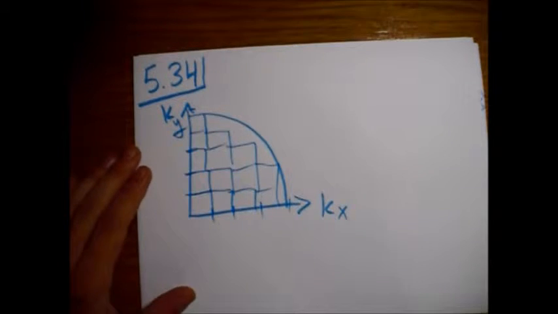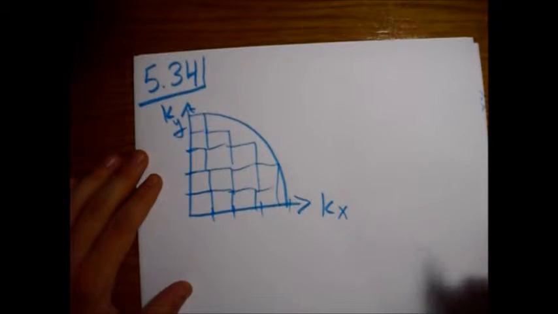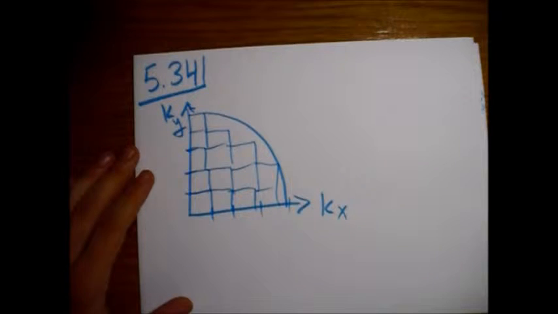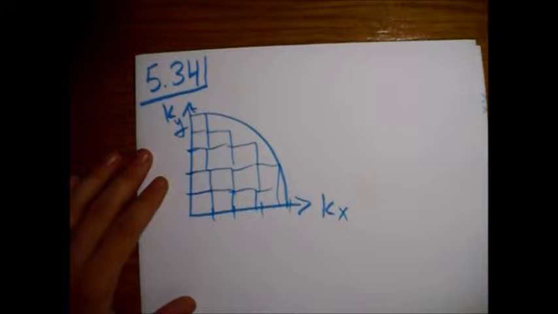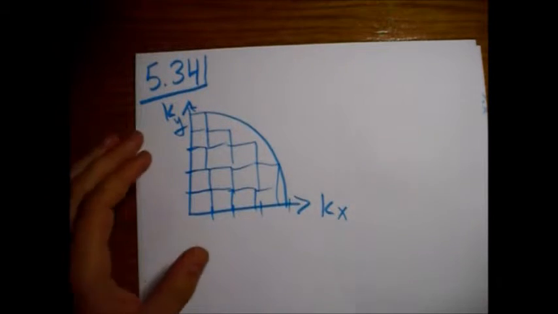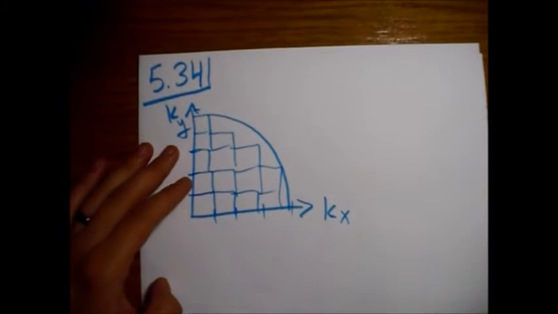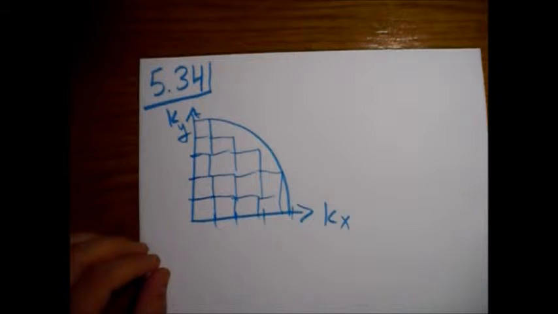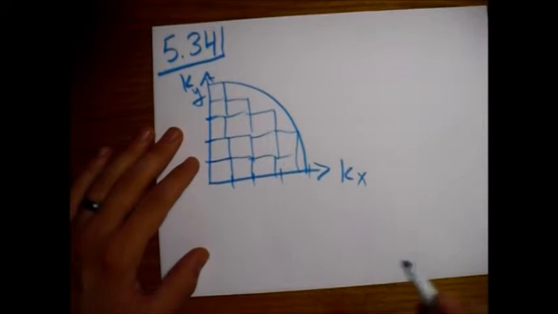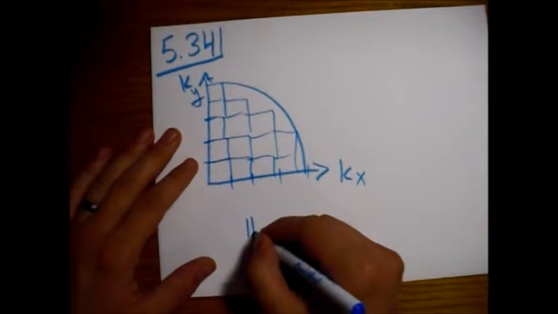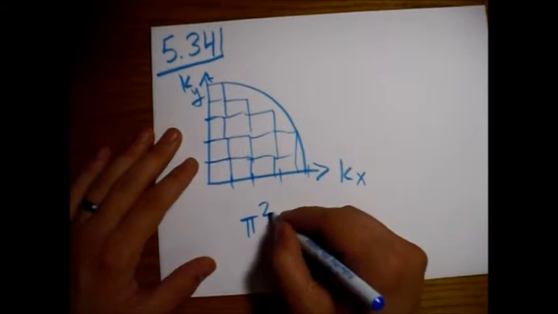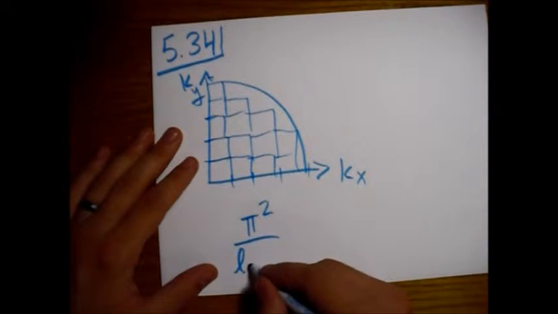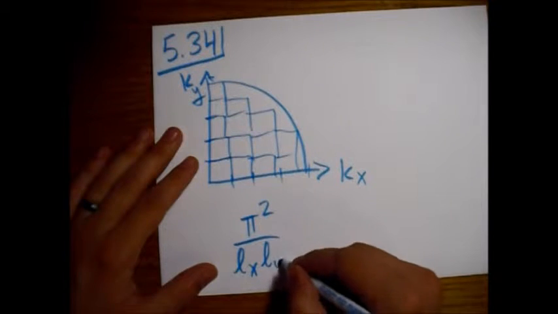So basically this is built off of equations 5.40 down through 5.43, and in 2 dimensions the volume of each of these little cells in K space is going to be pi squared divided by Lx times Ly.